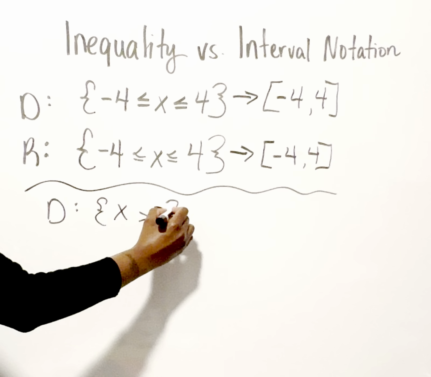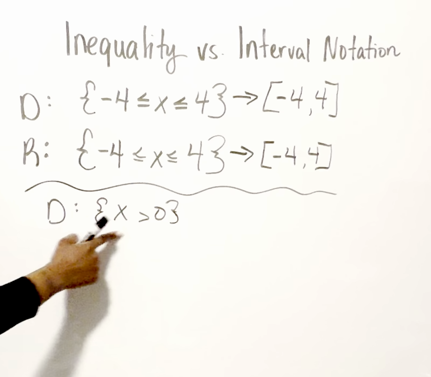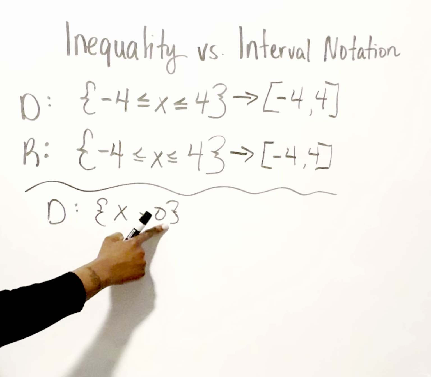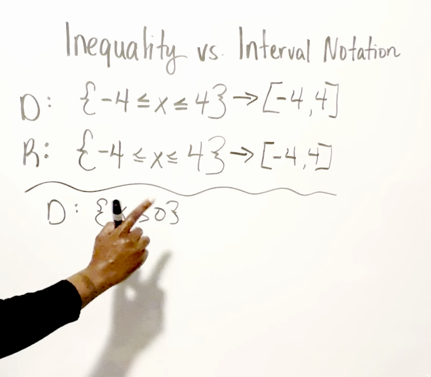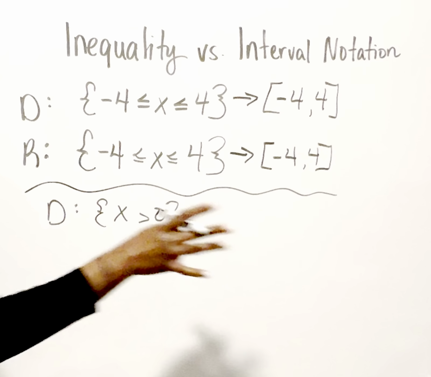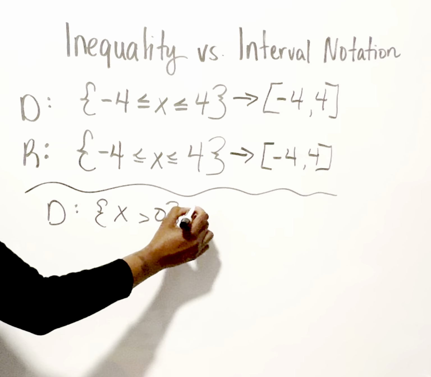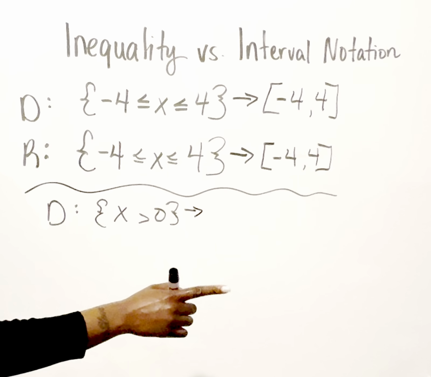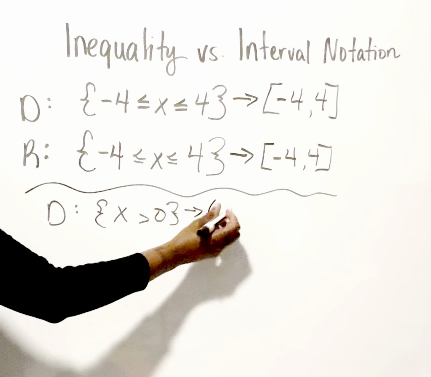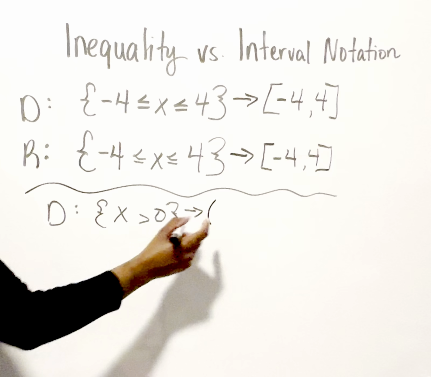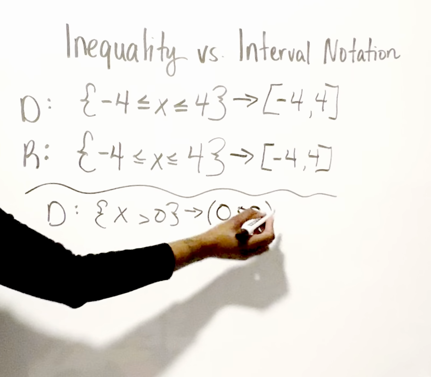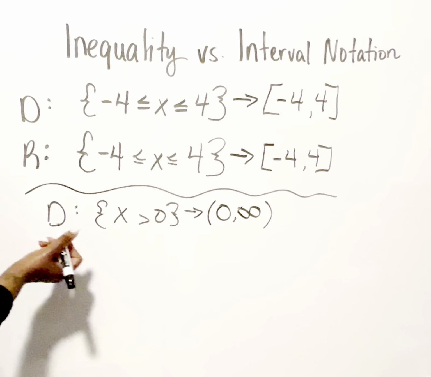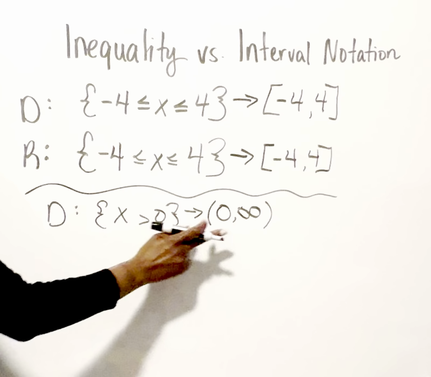All right, so anytime you see something like this, if x is greater than 0, that means x can be any number that's bigger than 0. And we know if it's any number, always think of our arrows. That's going to indicate that we are dealing with infinity. So that means that our starting point is 0, right? And we're going to infinity. Okay? All right, so when you guys see this, 0 to infinity.